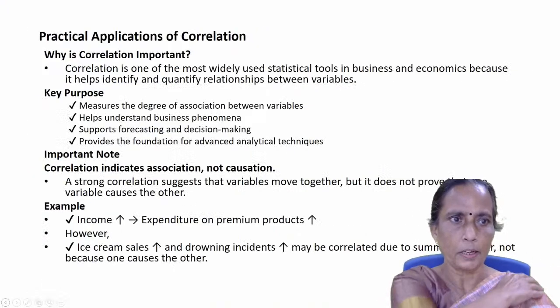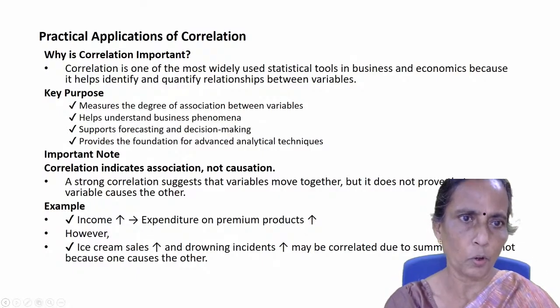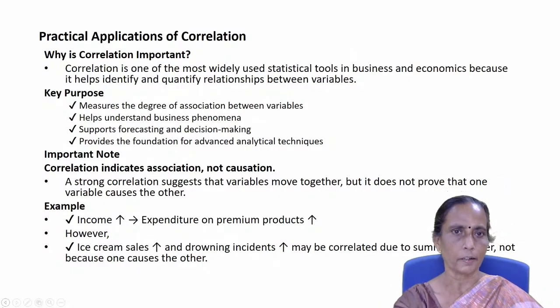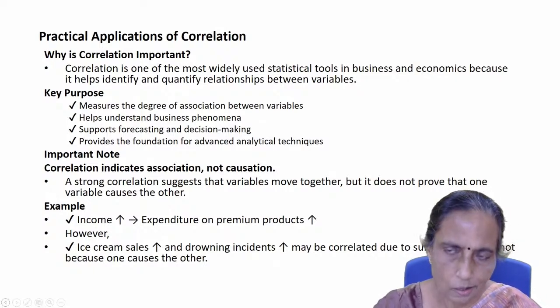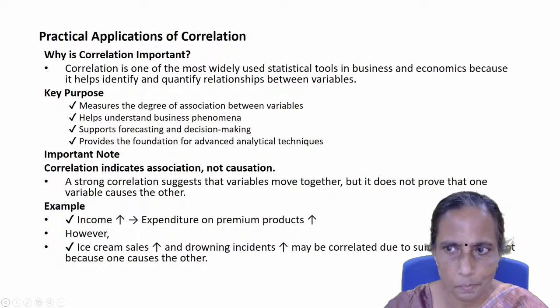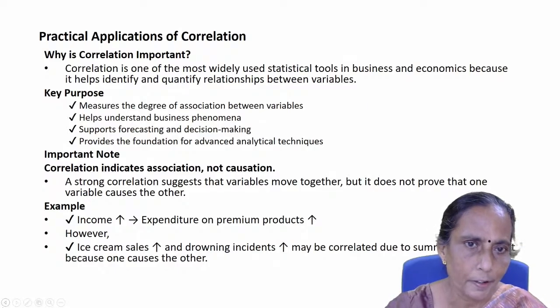Okay, the practical applications: why correlation is important. Correlation is one of the most widely used statistical tools, used in economics and business because it helps identify and quantify relationships between variables.